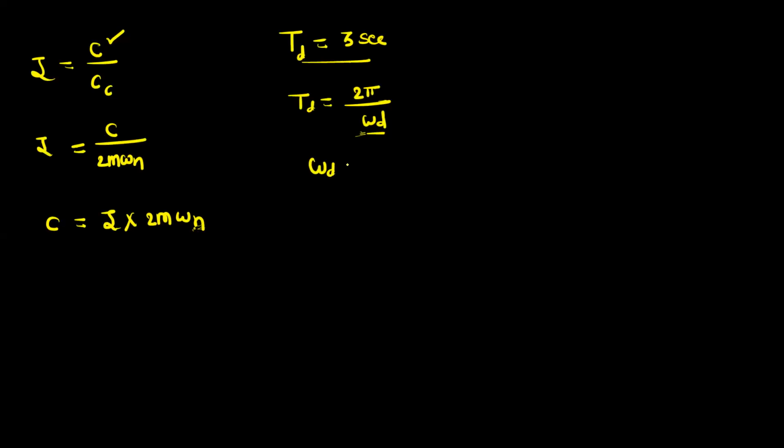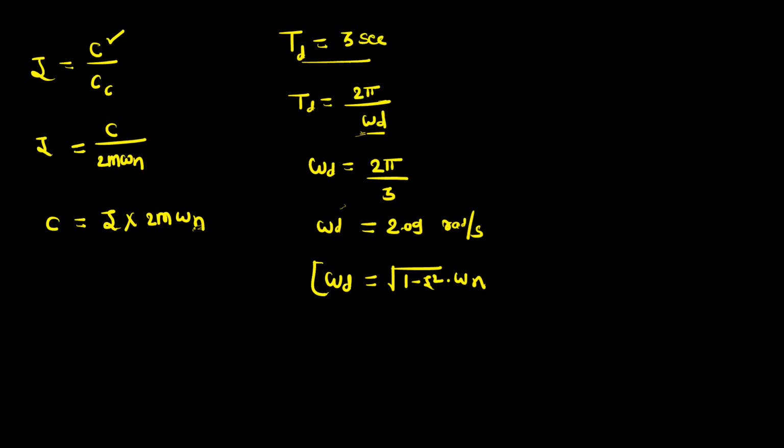So omega d is equal to 2 pi upon this 3 seconds, that is the TD. So omega d is 2.09 radian per second. And the relation between omega d and omega n, only for underdamped system, is omega d equals square root of 1 minus zeta square into omega n.